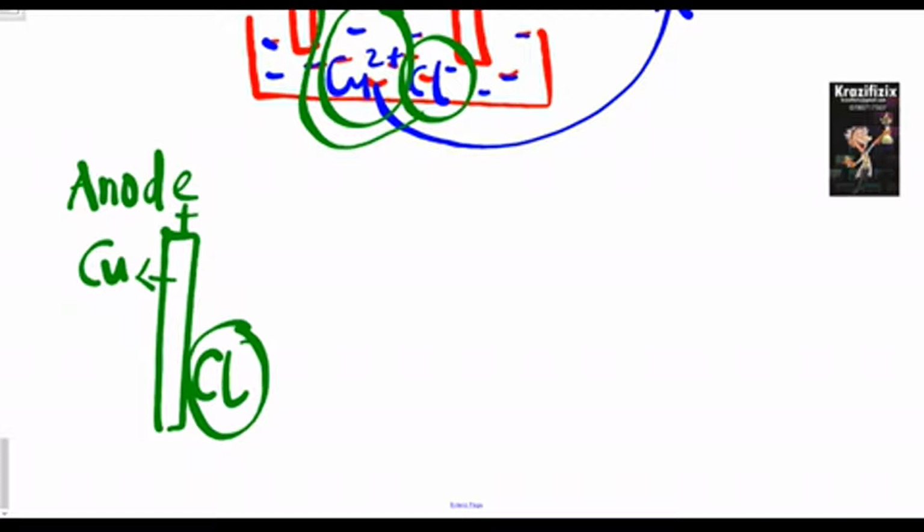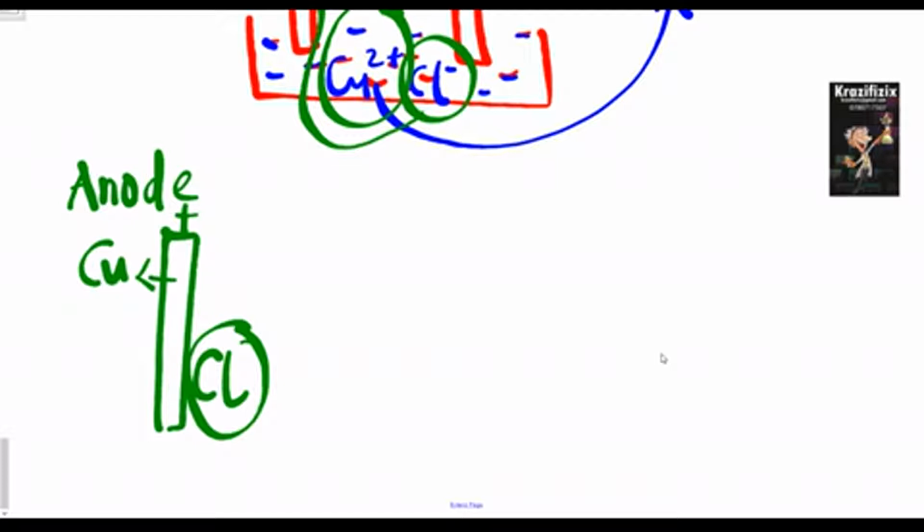So the negative ions are already at their position. But now let's check something. We have Cu here, and we have Cl. There's going to be oxidation of one of the two, either Cu or Cl.